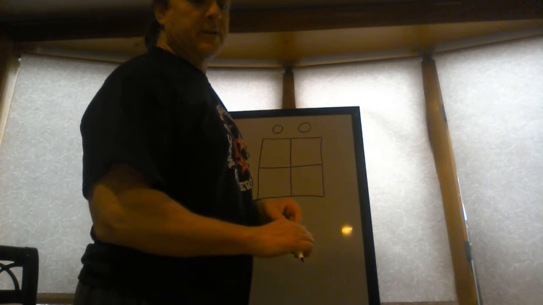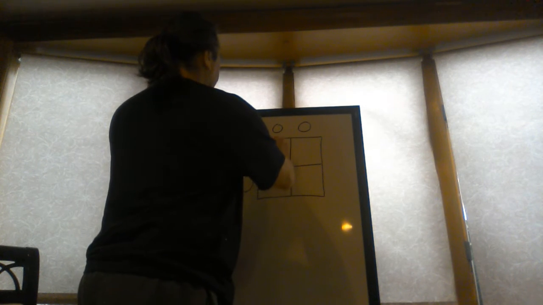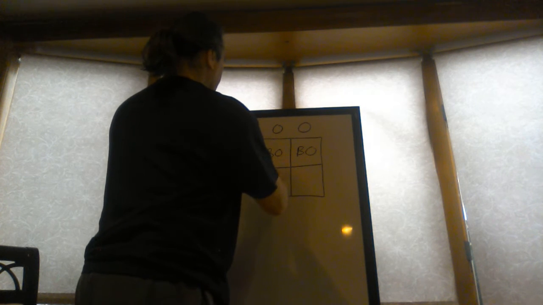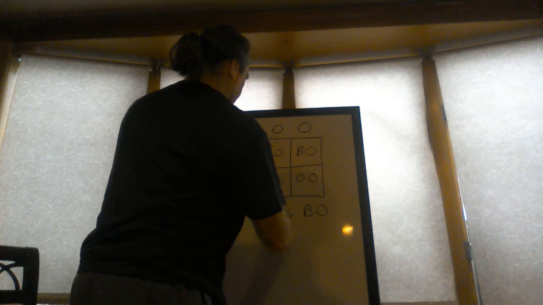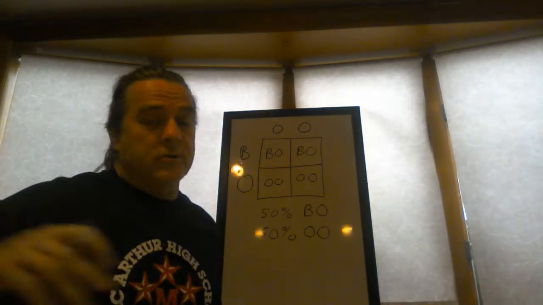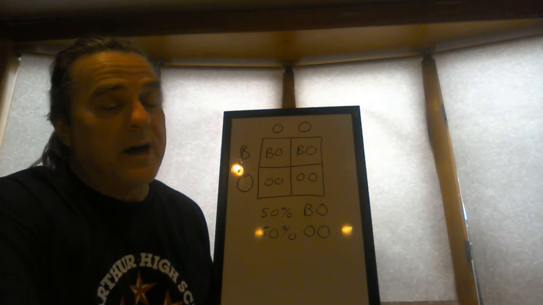This person is BO. So if we look at the possible combinations, we could have a BO in two of them, and then OO in two of them. So the offspring would have a 50% chance of being BO and a 50% chance of being OO. Having blood type A from having O and BO donors is a 0% chance, so that child is not that husband's.